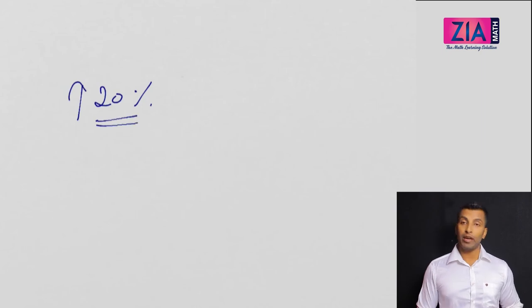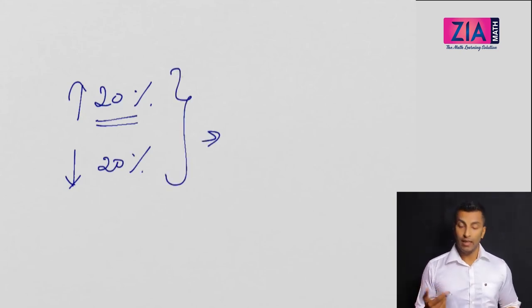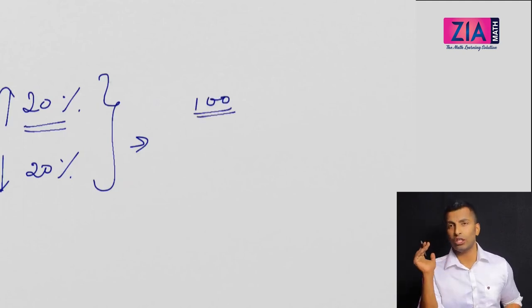Now next, you can see situations like a person whose salary is increased by 20%, then it is decreased by 20%, or the price of an item is increased by 20%, then after that it is decreased by 20%. So then what is the net percentage change? Let's suppose 100 was the initial salary or cost of the item.